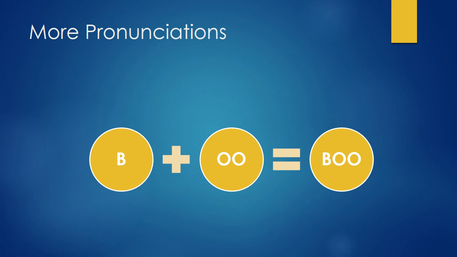It becomes boo, long. And finally, b and uu becomes buu.